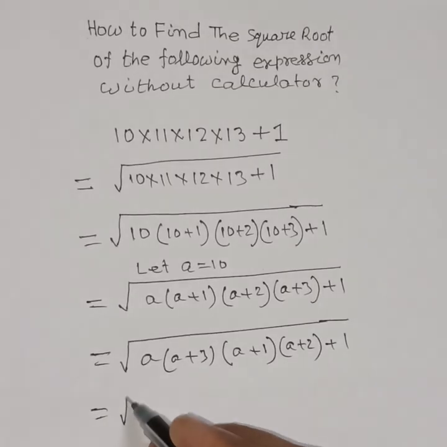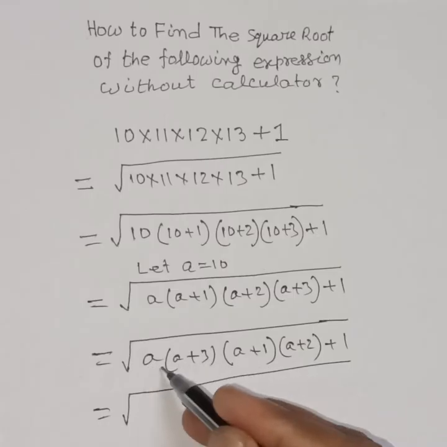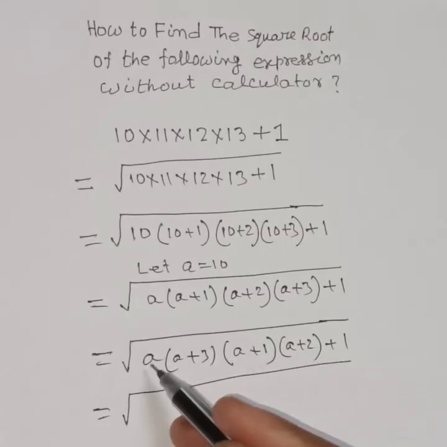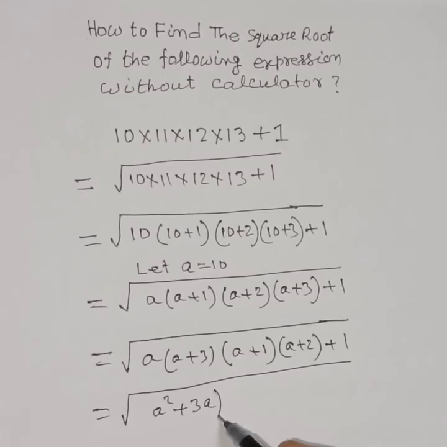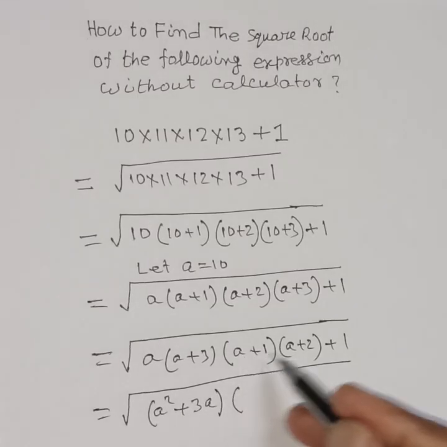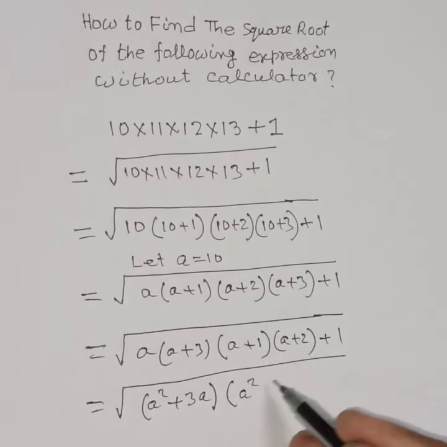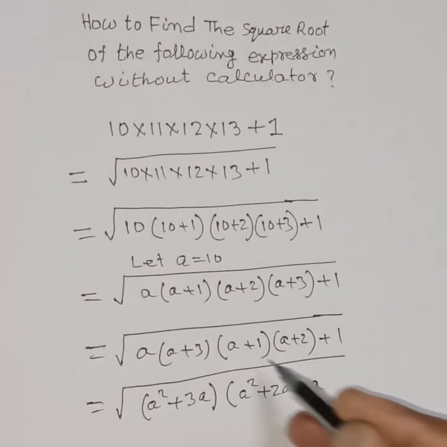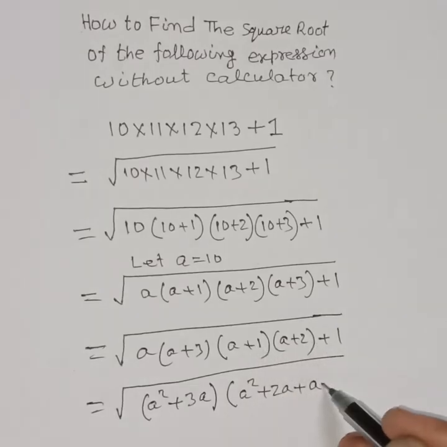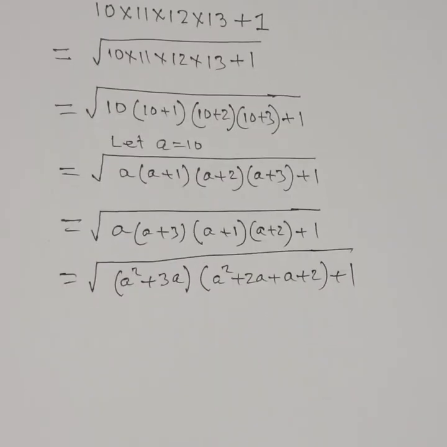Now we multiply these two terms and these two terms, then we get a into a square, a into plus 3a, bracket into a square, a into 2 plus 2a plus 1 into a plus 1 into 2 plus 2 plus 1.